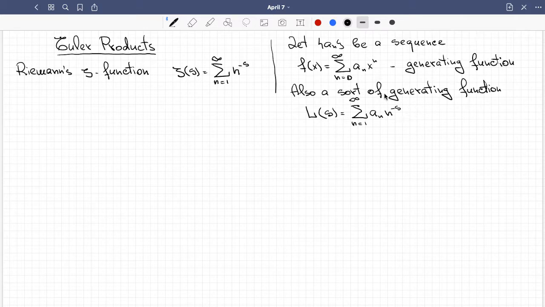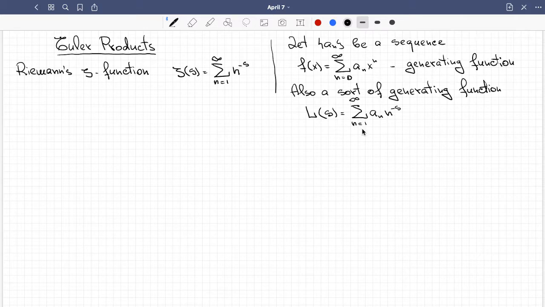Now, this is also a series, convergent for some values of s. If the weather is good enough, for s large enough, the series may converge.